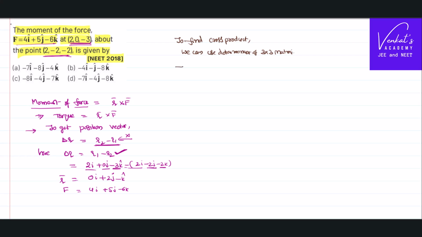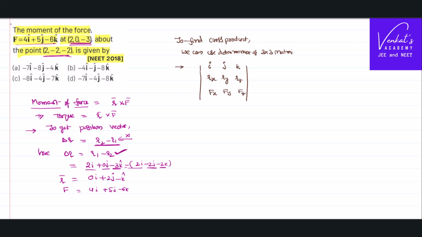I'll briefly explain how we do that. To find the cross product, we take the determinant of a 3 by 3 matrix. The first row will be i, j, k. The second row will be the components of the position vector, Rx, Ry, Rz. The third row will be the components of the force vector, Fx, Fy, Fz.